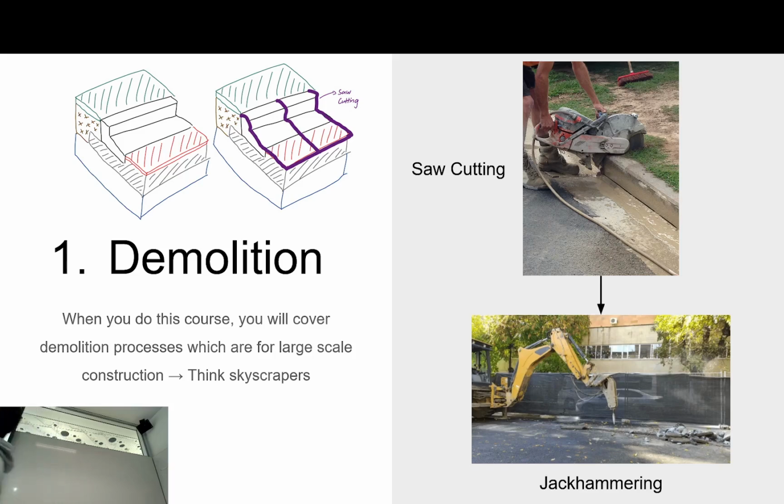So I've drawn a little 3D model of that 2D cross section, right? That purple line there is where we're saw cutting, right? So that's a small section of curb, but essentially what you're actually cutting is you're cutting across the concrete.